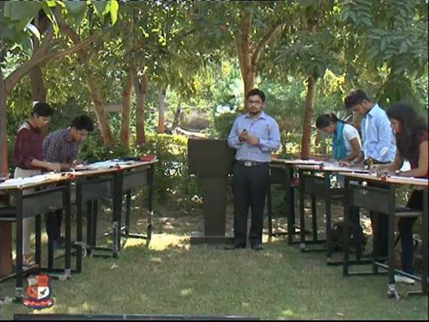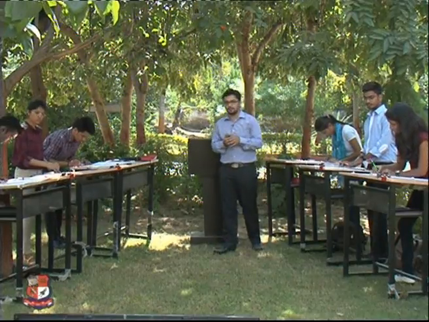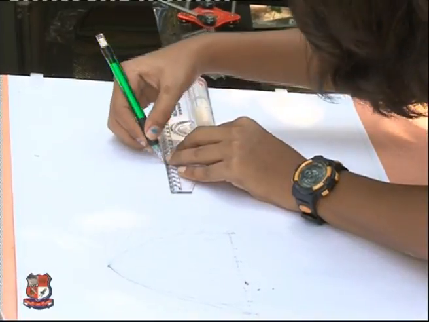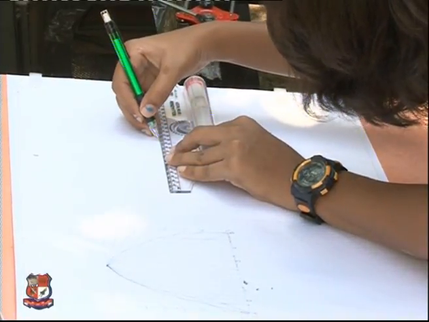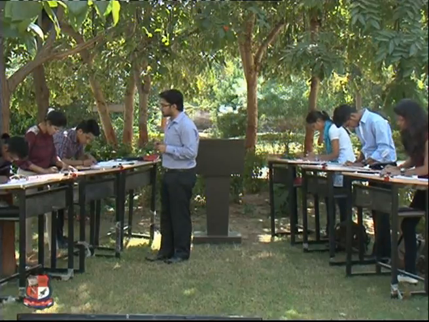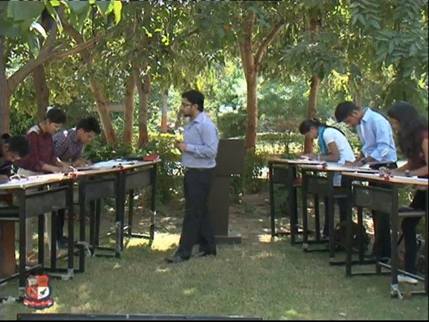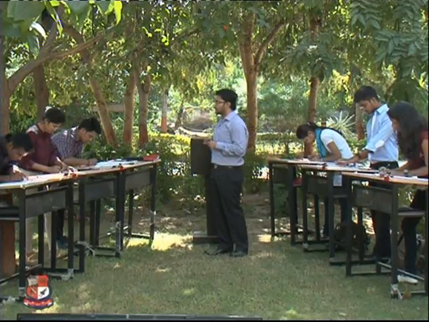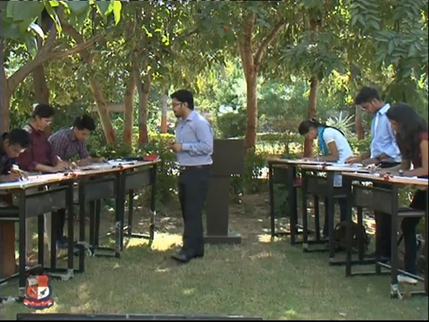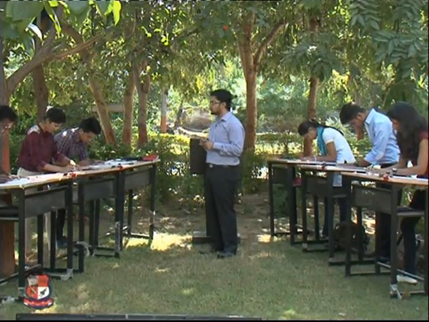For the viewers, it is on the screen, PQR is depicted as a triangle, and from the center the axis has to be drawn as PO, which is shown by the dotted line, that is, long and short dashes, which depicts the center. The height will be double.